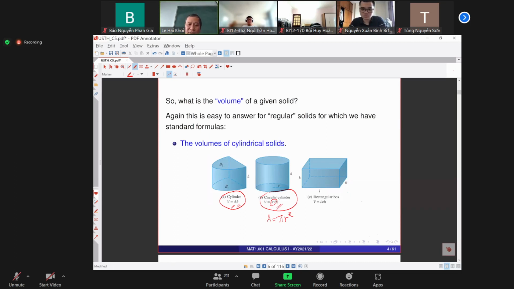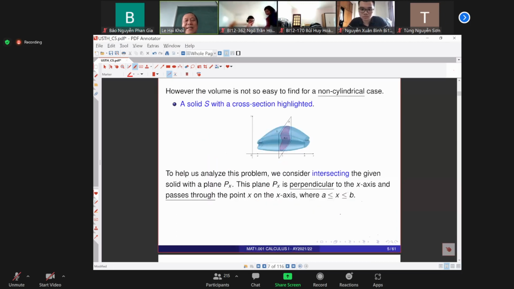And for a rectangular box, the same: the area of the base is the product of two sides, length and width. With that, very easy, we understand, right? But what happens in the non-cylindrical case? Not such a form, not regular at all.